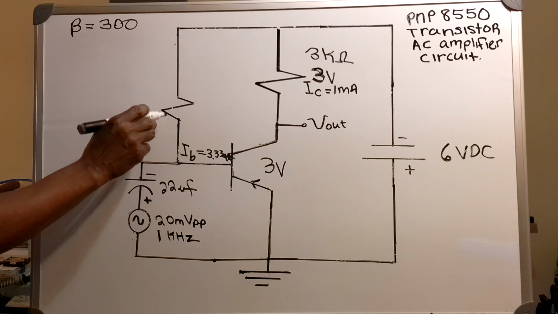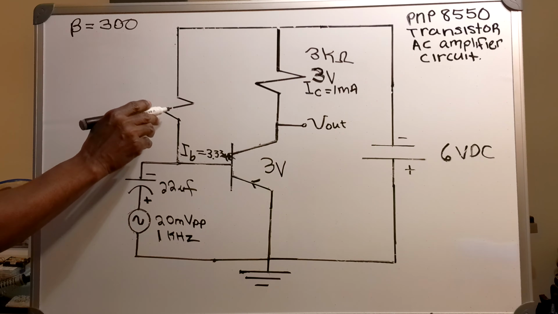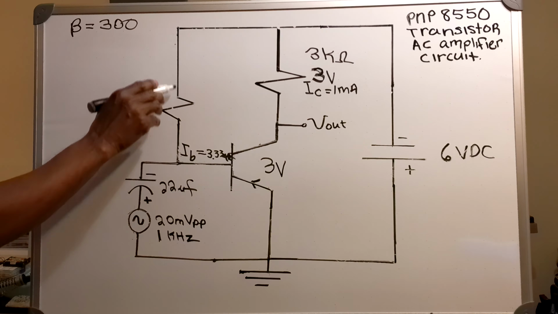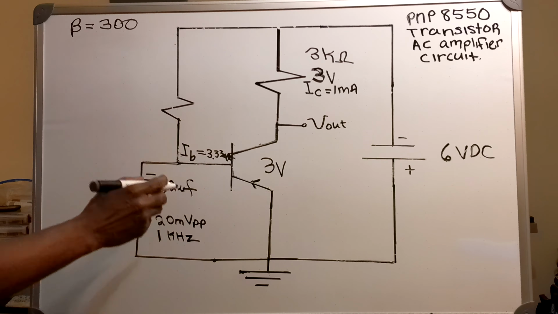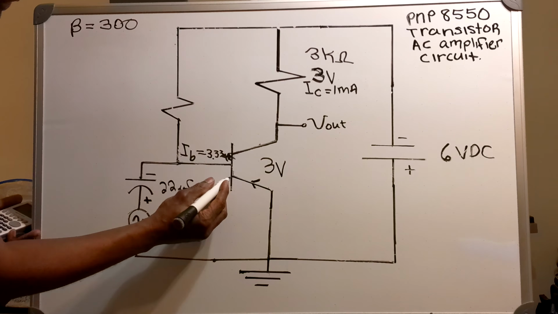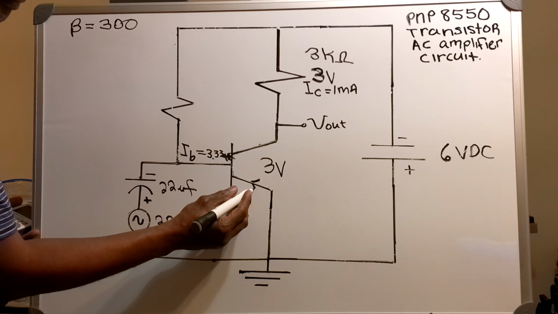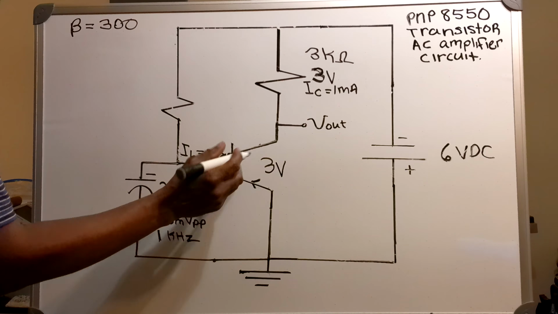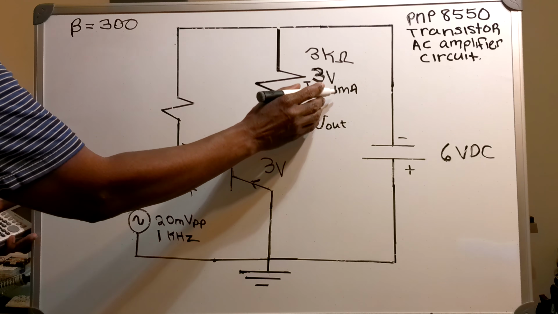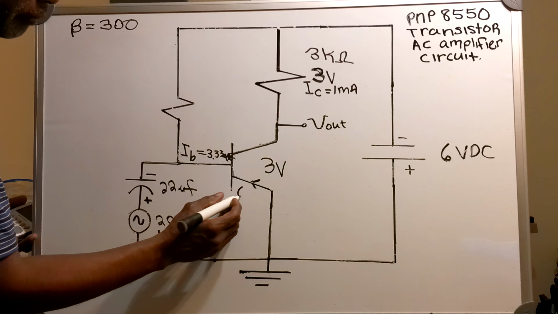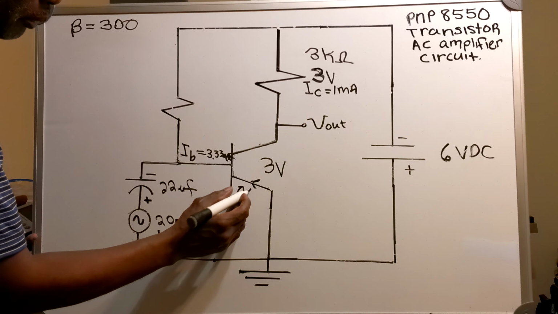Now I'm going to find the voltage of my base resistor. But first, I need to know the voltage across VBE. 1 milliamp will give you a voltage across VBE of 0.6 volts.